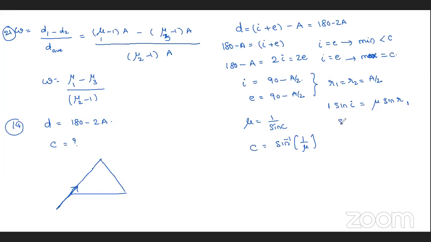So sin I, that is sin of 90 minus A by 2, is cos A by 2, equals mu into sin R1, which is sin A by 2. So mu is equal to cot A by 2. I am getting this. 1 by cot A by 2, you are getting sin inverse... A by 2. Understood? Yes sir. That is the story of this.